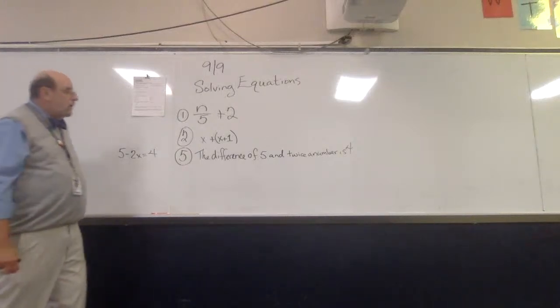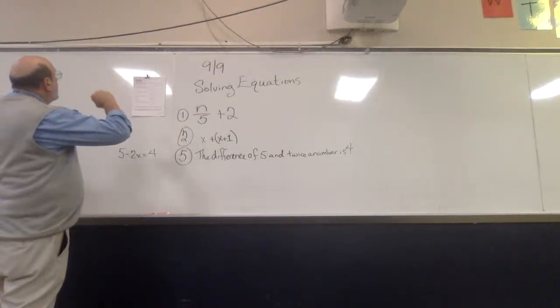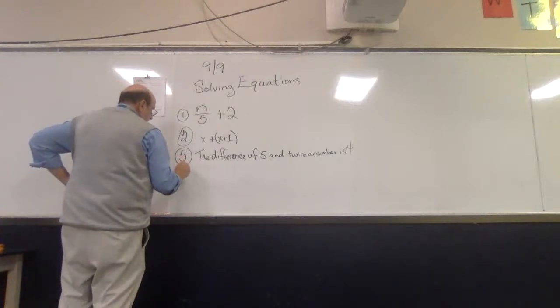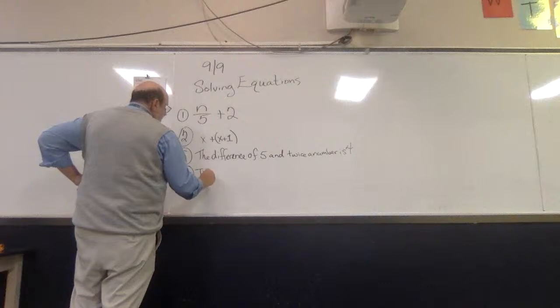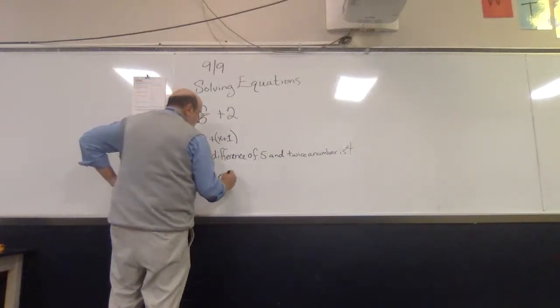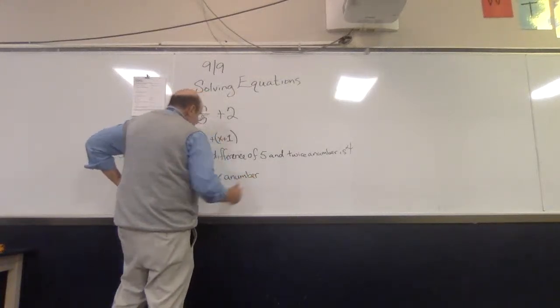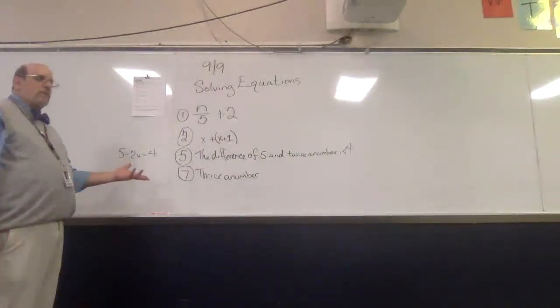Cool? All right, one more translation, then we'll move on. Yeah, let's try 7. Wouldn't it be triple C equals C minus 1 times 2? So you say thrice C or triple C, thrice a number. Why don't you just say thrice C? You can say 3 times. You could say, I thought you wanted to be fancy.